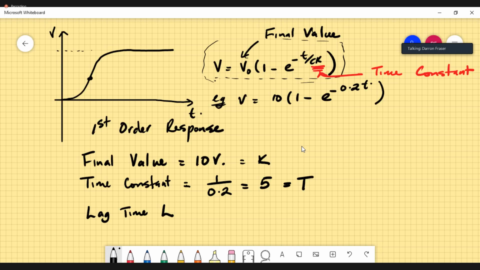Now remember, it is the time it takes for the line of greatest slope to cross the y-axis.